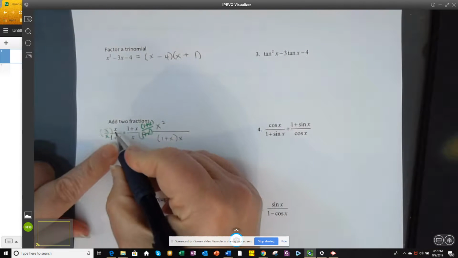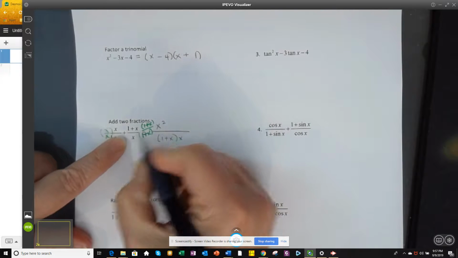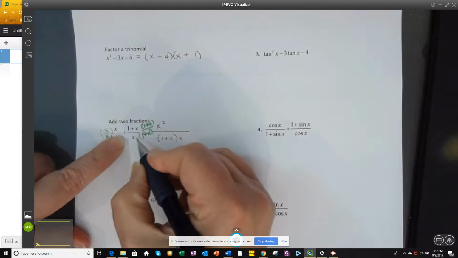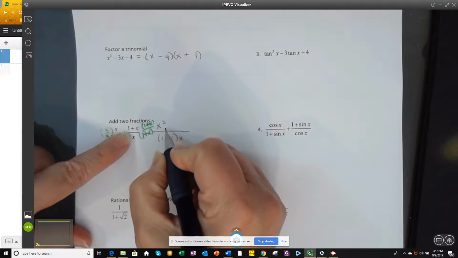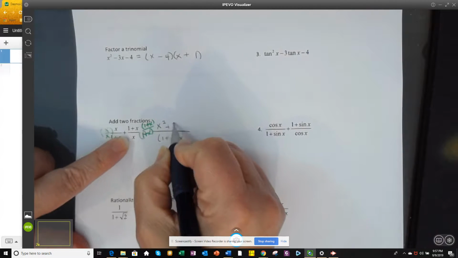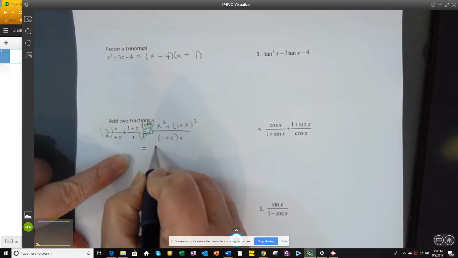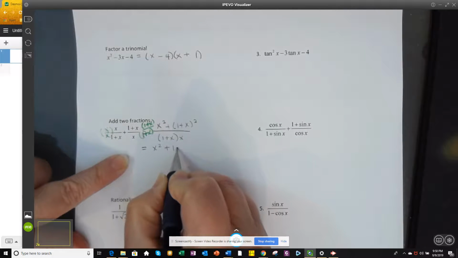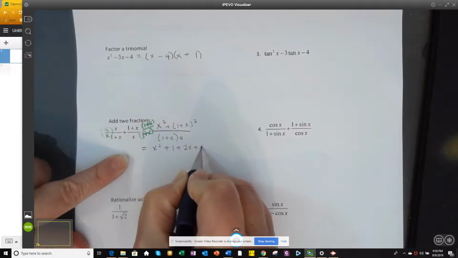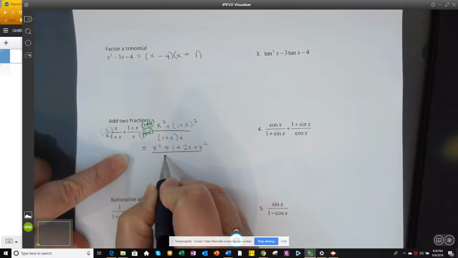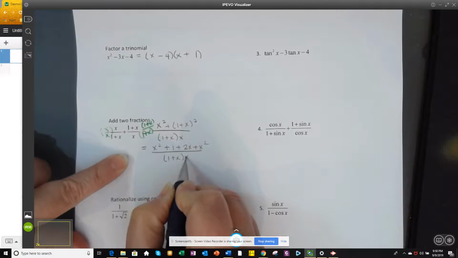And I'm going to get x squared for the contribution from this first term, and then we're going to get 1 plus x quantity squared, which I'll have to expand. So we get x squared plus 1 plus 2x plus x squared all over 1 plus x times x.